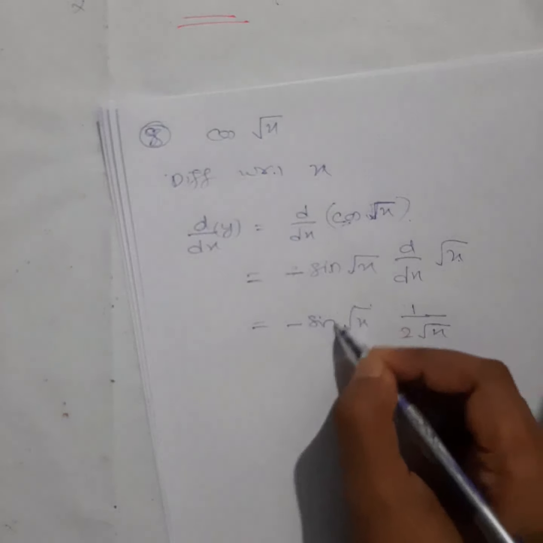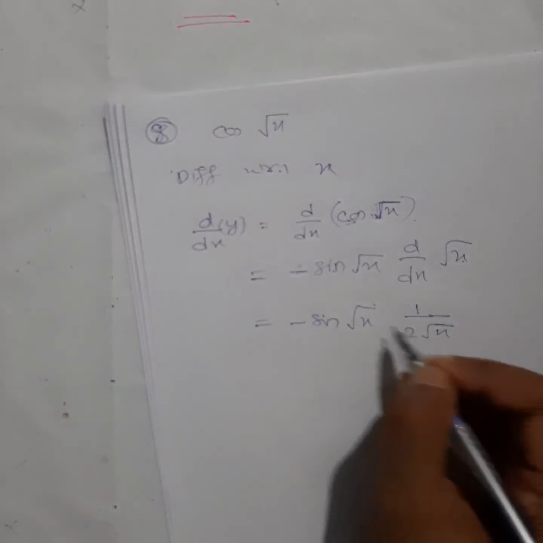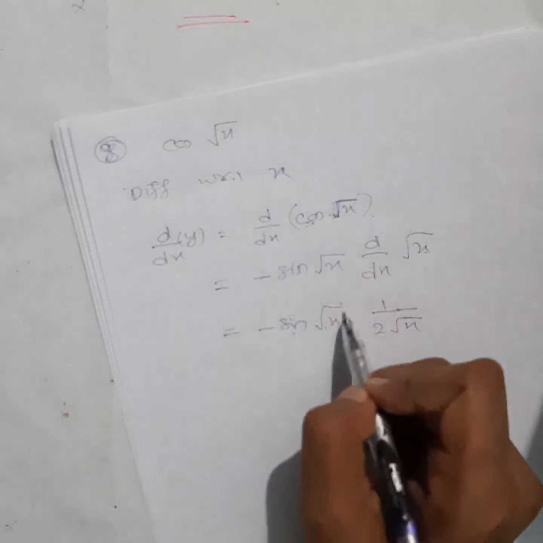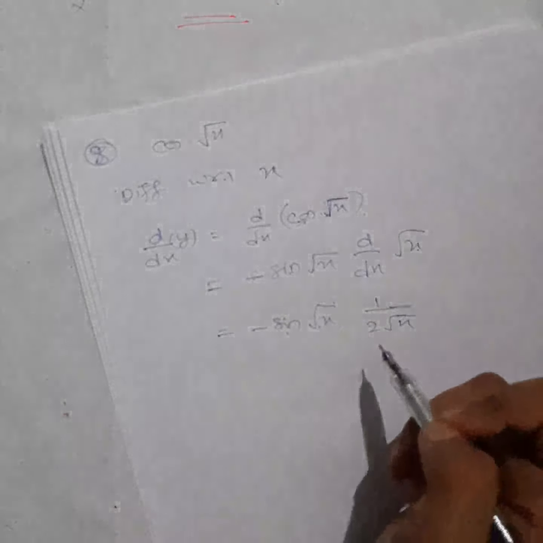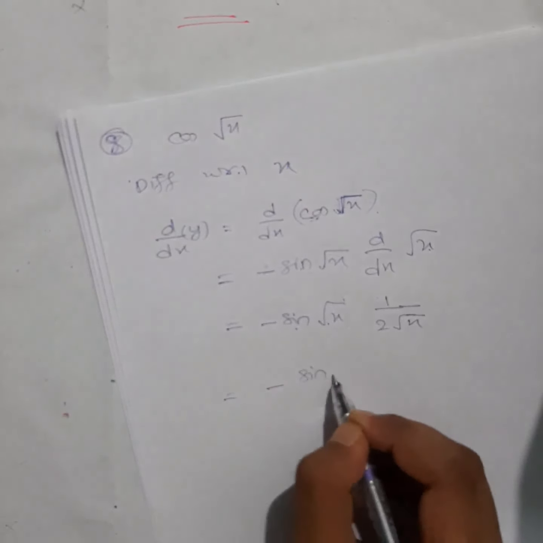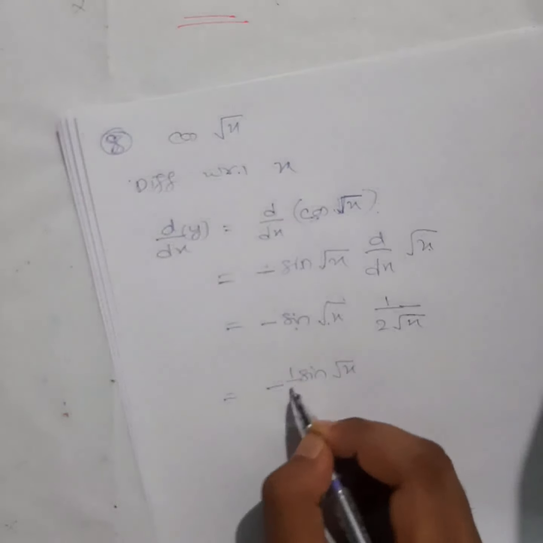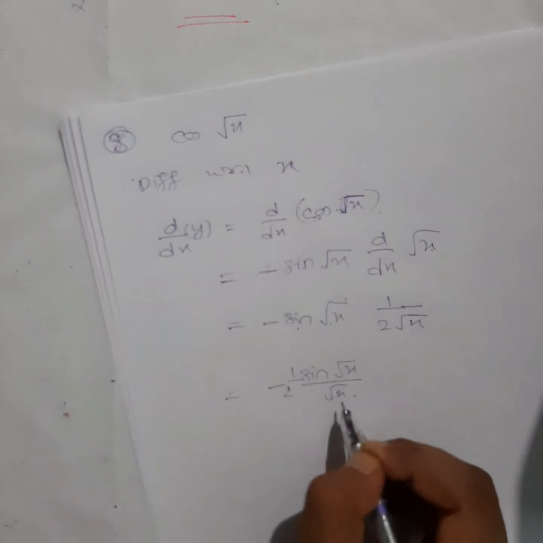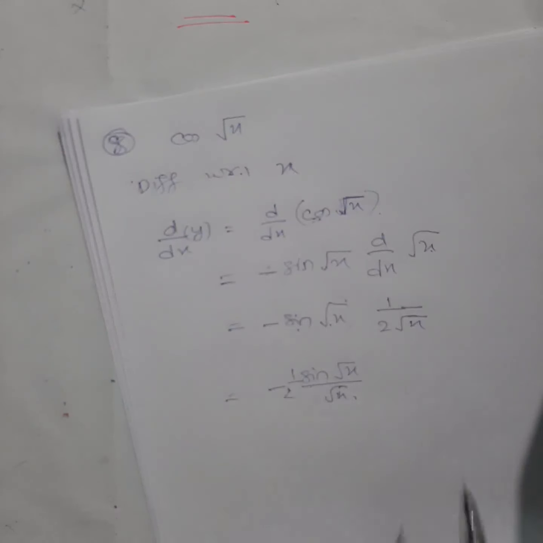This is your angle, this is simply value. This is angle, this is not separate from sine. This together makes one value, you can say. So this will give you minus sine root x, 1 by 2 root x. Okay, so this will be your answer.